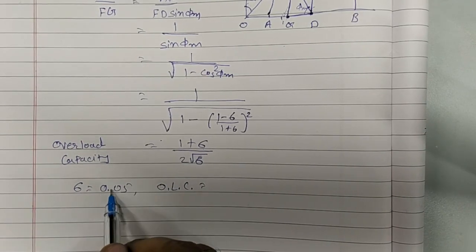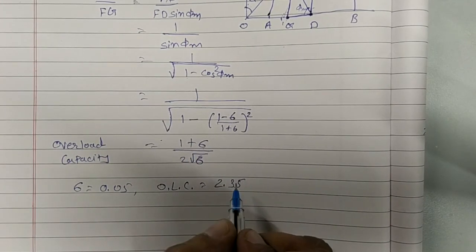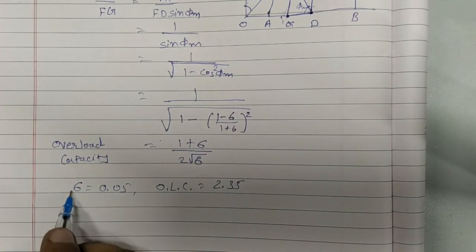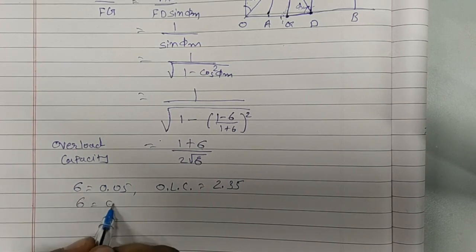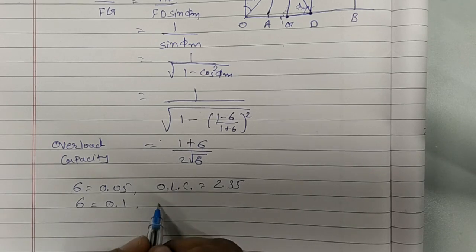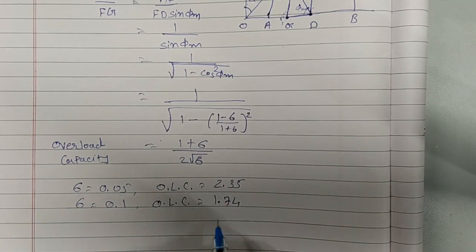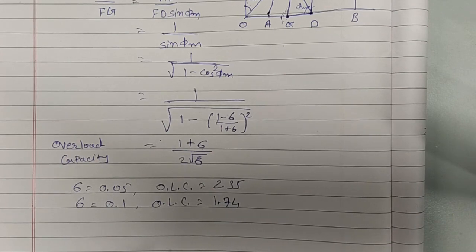If I put 0.05 in this equation, I will get 2.35, meaning more than twice the power your machine is able to give. Suppose I increase sigma and it becomes 0.1. At that time overload capacity becomes 1.74. Thus the overload capacity of an induction motor decreases with an increase in the value of the dispersion coefficient. So this is the relation.